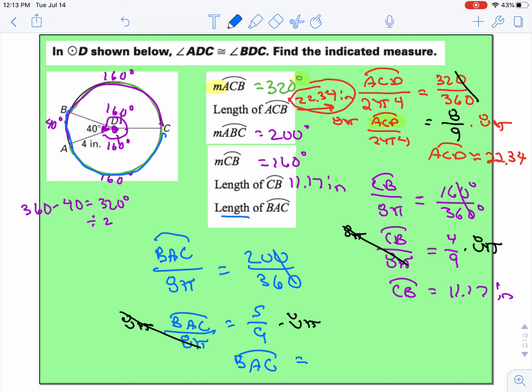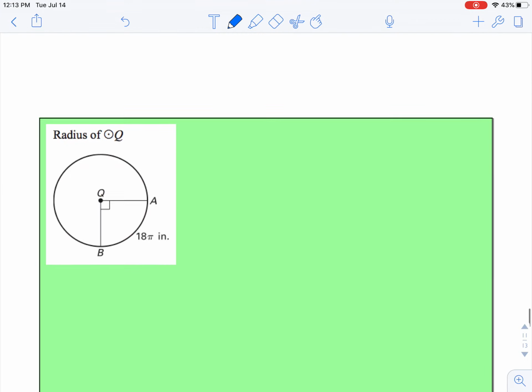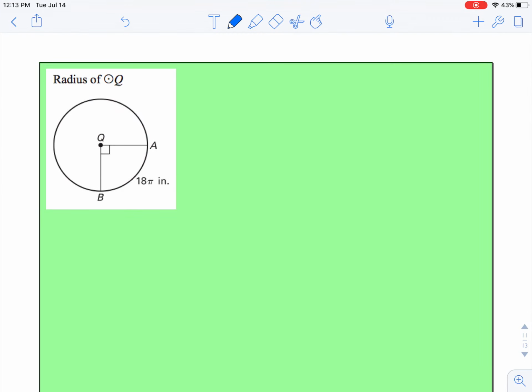And that gives me that arc BAC is equal to 40 pi divided by 9, which gives me 13.96 inches. Of course, one other thing I could have done is find the whole circumference and subtract some of the pieces of the arc I already had, which would be another perfectly fine way to do it.